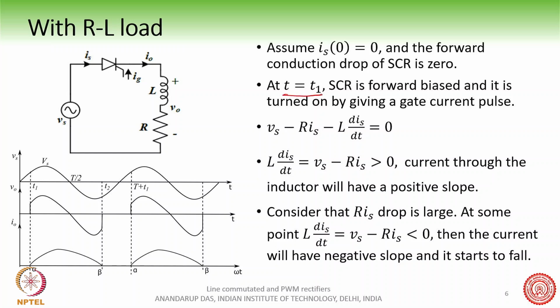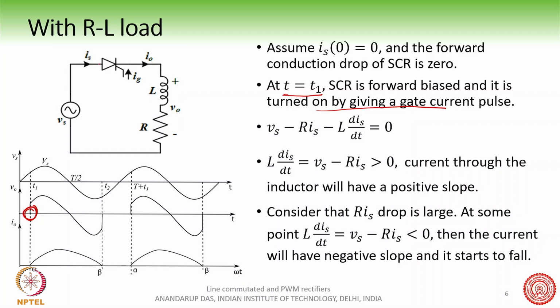In this case, at t equal to t1, just like before, like this point here, the SCR is already forward biased because the anode cathode voltage is forward biased, and we give the firing angle. Here it is turned on by giving a gate current pulse, right? At this condition, what is the governing equation?